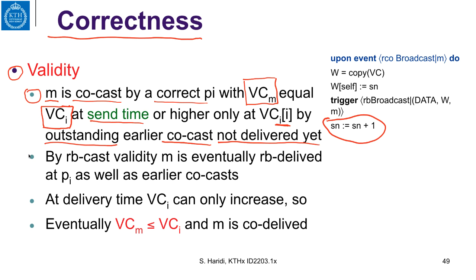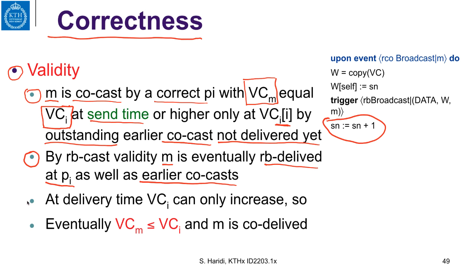So by the reliable broadcast validity, M is eventually reliably delivered at Pi, and also all the earlier outstanding causal broadcasts are delivered.